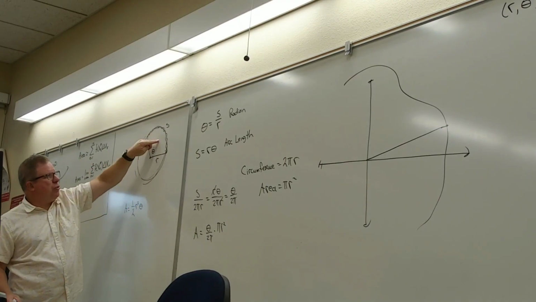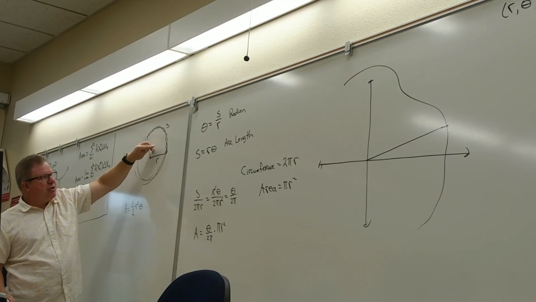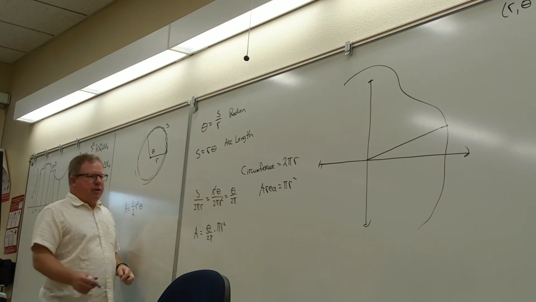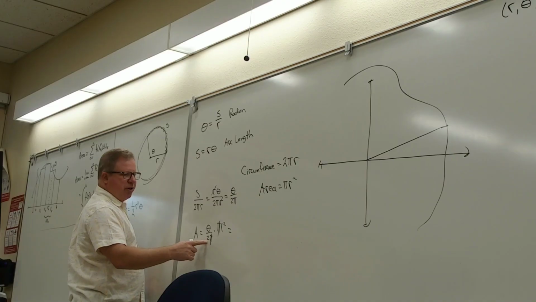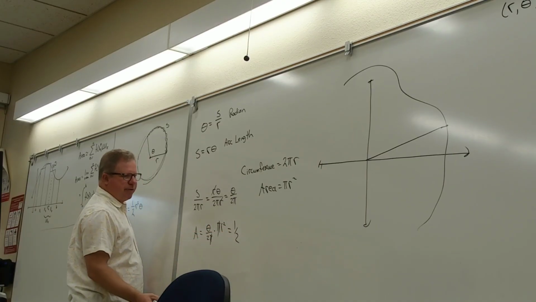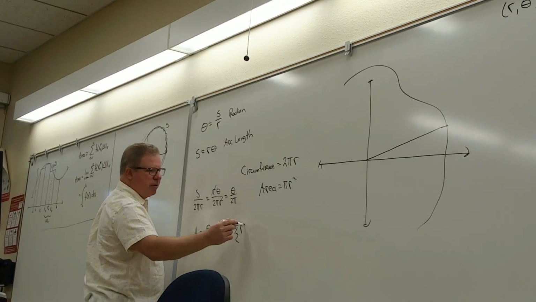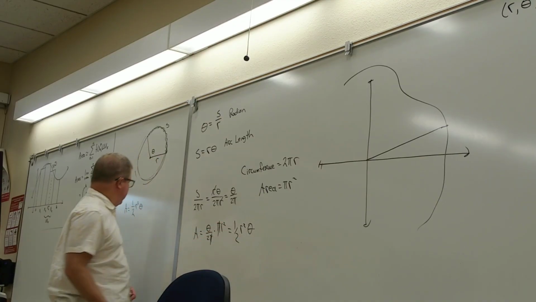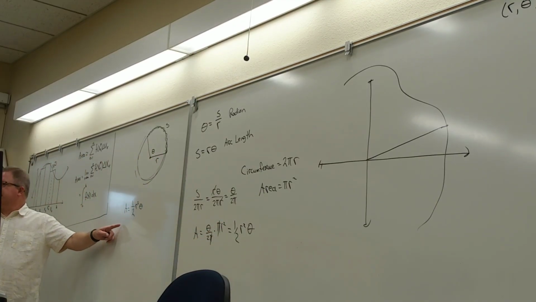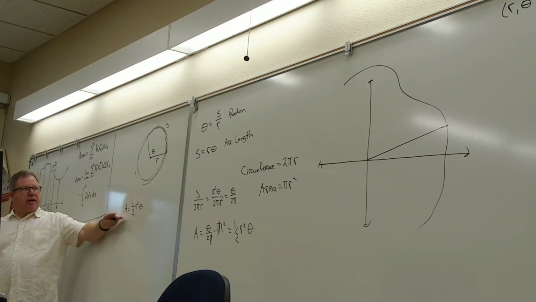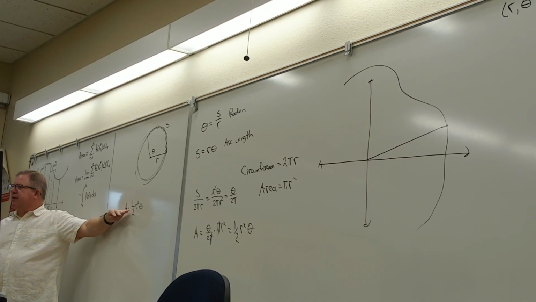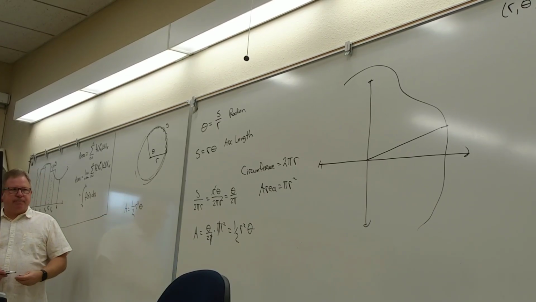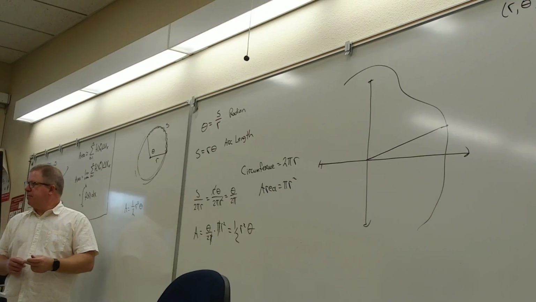So the fraction of the circle this is, times the area of the circle. The pi's cancel out. The 2 in the denominator, that gives us the 1/2. And you got the r squared, and then you got the theta. That's where this comes from. Get the area of the sector of the circle. You guys got that? That's where that comes from. So now you can believe it. We're going to be using that over there. Okay?